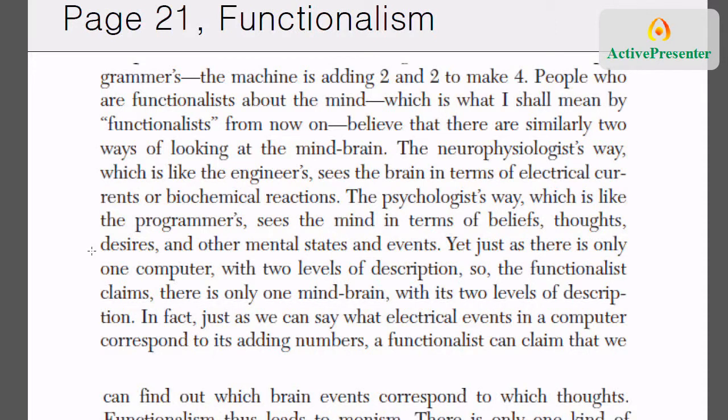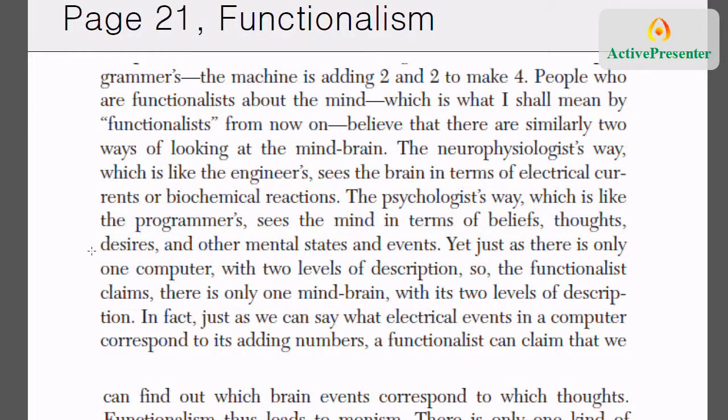The psychologist way, which is like the programmers, sees the mind in terms of beliefs, thoughts, desires, and other mental states and events. Yet just as there is only one computer with two levels of description, so the functionalist claims there is only one mind-brain with its two levels of description.